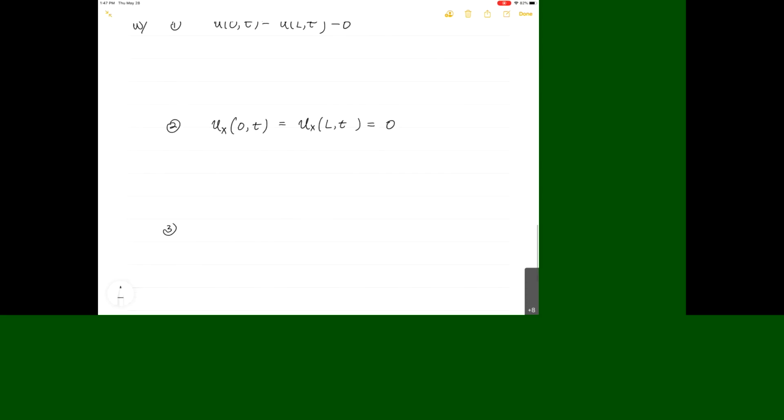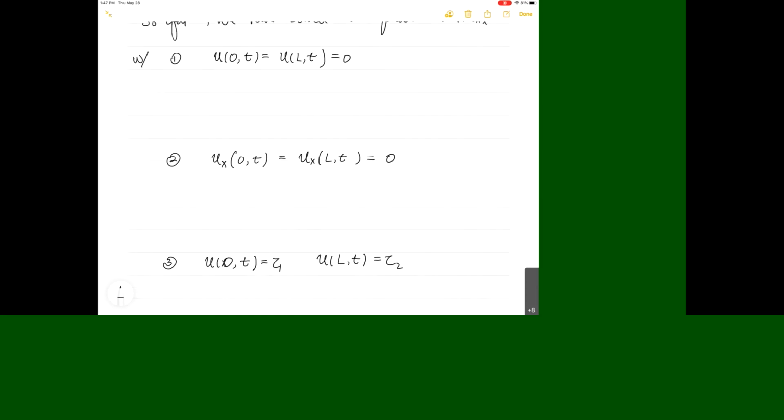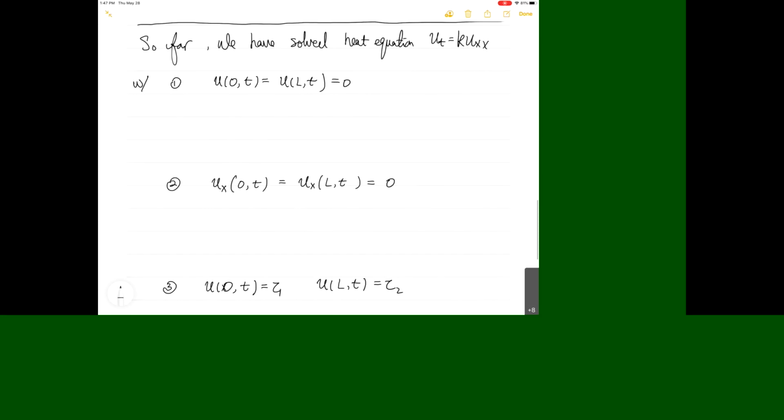And the third one is u of 0,t equals tau 1, and u of L,t equals tau 2. So here I skipped the initial condition. Again, the initial condition does not make a significant difference, so I skipped it here. So we studied and solved the heat equation with these 3 different situations. Again, let's draw the picture, okay?